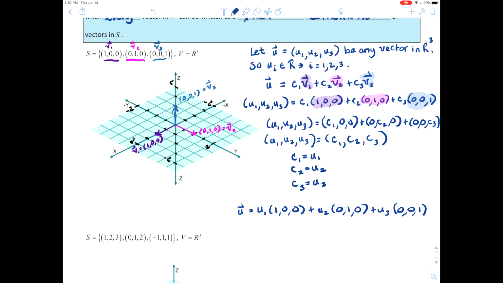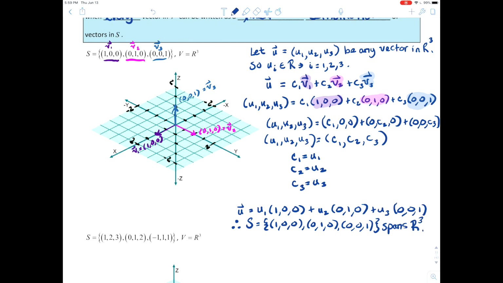Well, that leaves it pretty open, right? Because don't U1, U2, and U3 belong to the real numbers? So, therefore, the set S equal to 1, 0, 0, 0, 1, 0, 0, 0, 1 spans R3.